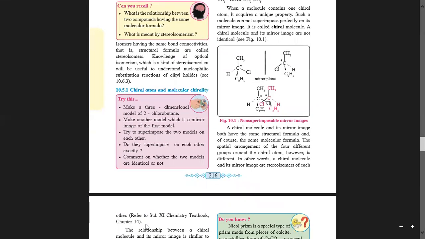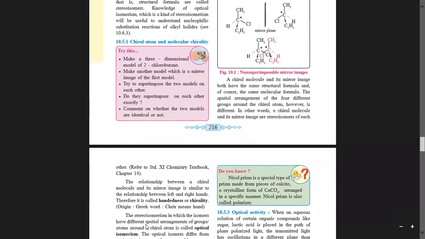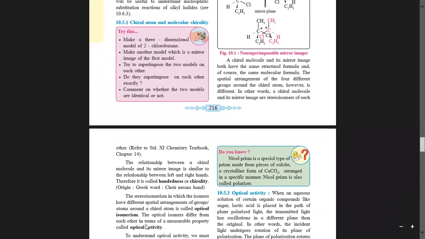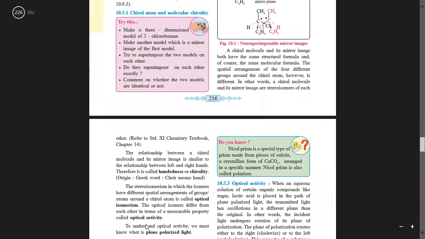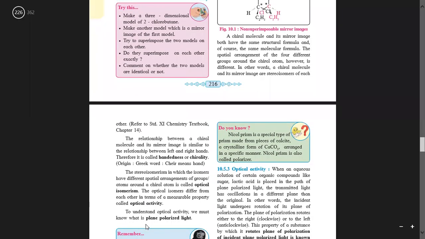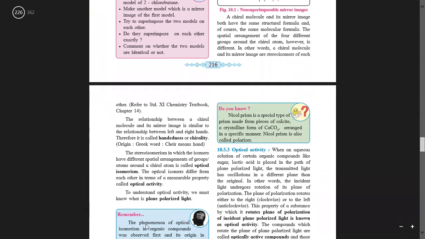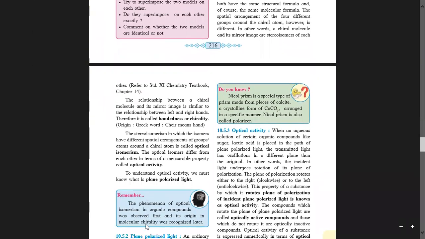Other examples of non-superimposable mirror images we will study here. The relation between a chiral molecule and its mirror image is similar to the relation between left and right hands.